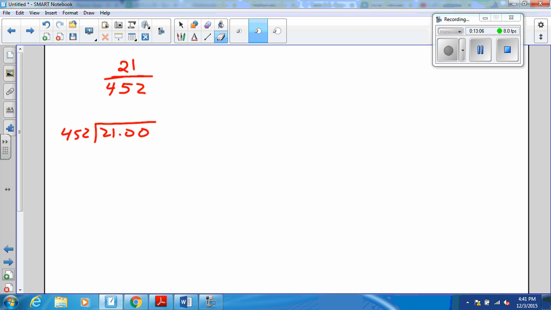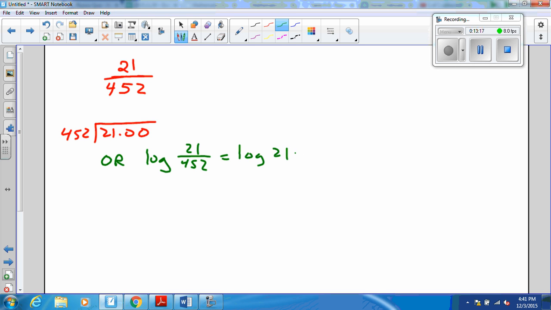Not very pleasant. But with logarithms, we can remember that the log of a quotient is the same as the difference of logs.